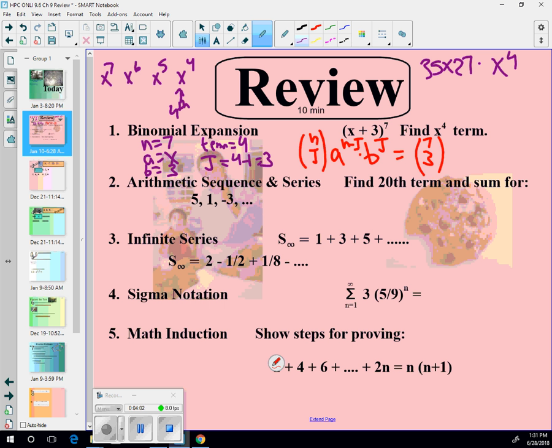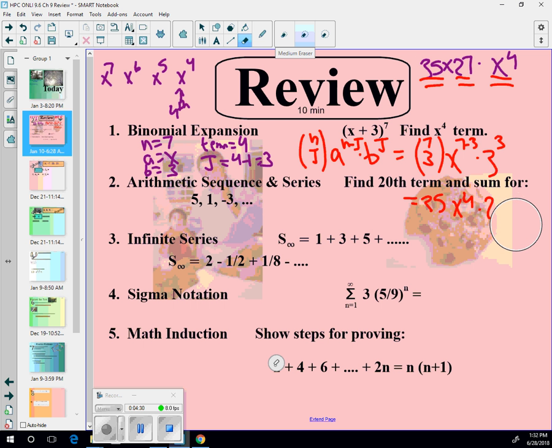A is your x to the 7 minus 3, and you'll have 3 to the 3rd. Well, 7 choose 3 is 35. x to the 4th times 27. Well, there you go. 35 times 27, x to the 4th. So the formula works as well.